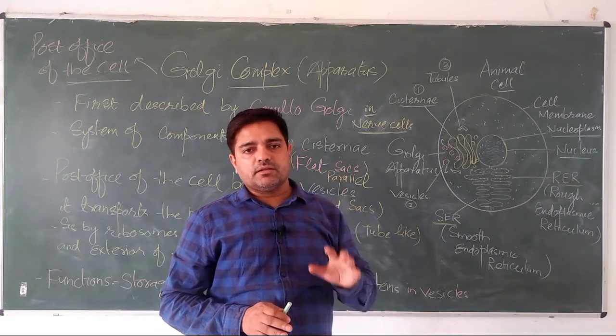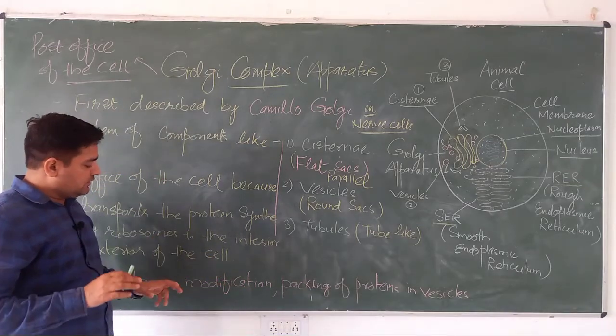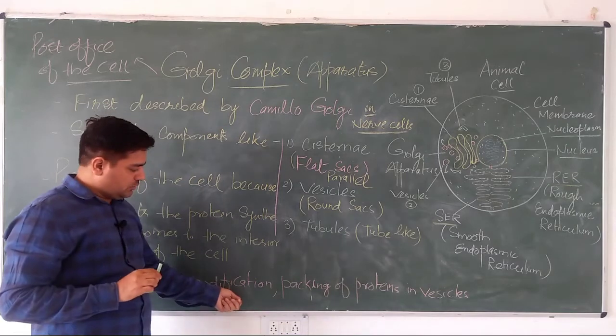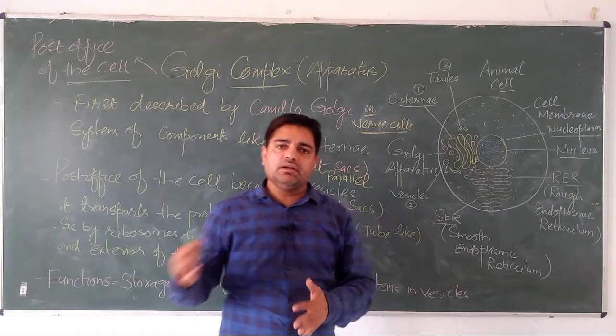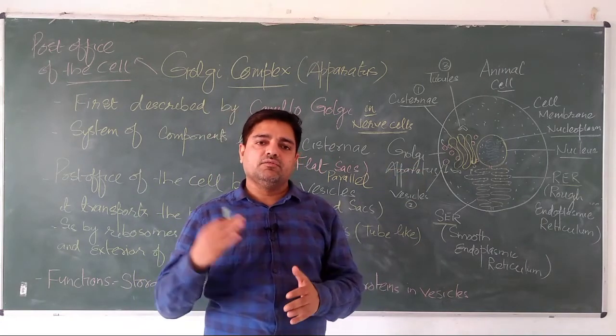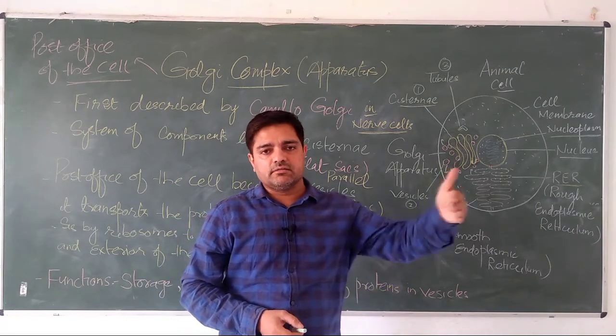In Golgi complex, this protein is modified to some extent. Okay, and the packaging of protein in vesicles, and the ultimate function of Golgi complex is to make vesicles packed with the protein for the interior as well as the exterior of the cell.